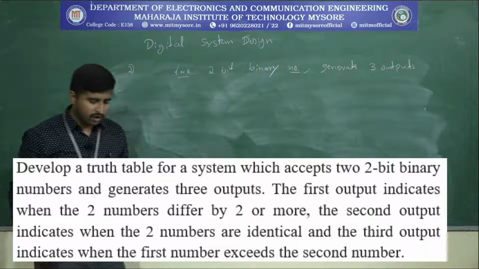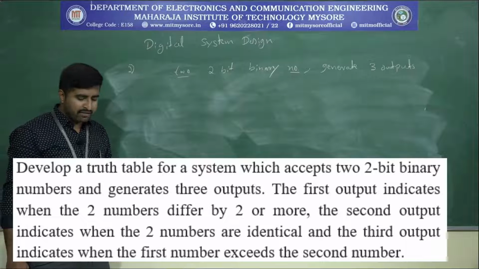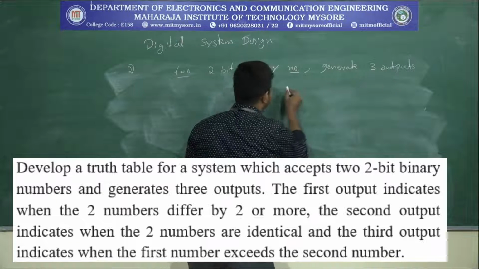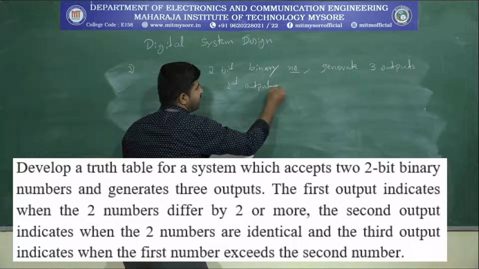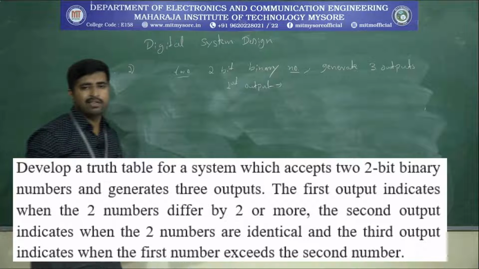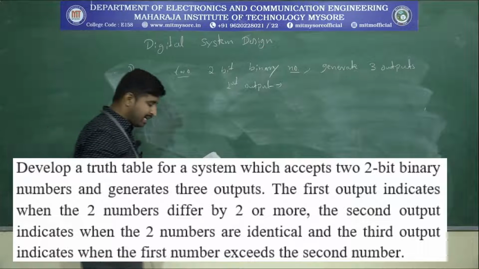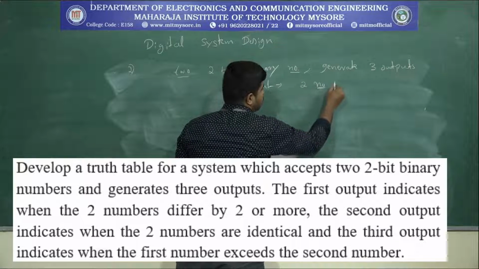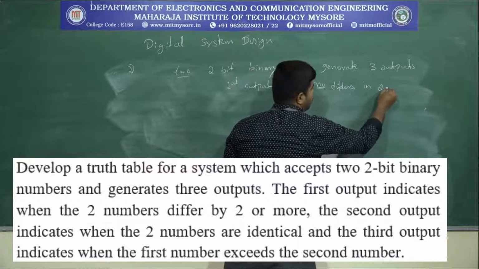Generate 3 outputs. The first output indicates when the 2 numbers differ by 2. So 3 outputs are there, where the first output will be enabled, or true, when the 2 numbers differ by 2.